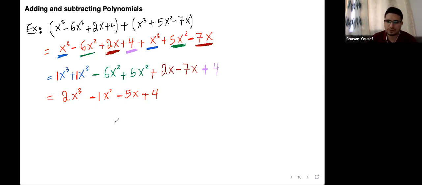Now we're going to do it for subtracting. Same idea, but instead of adding, we're going to subtract. So here is another example, for subtracting.